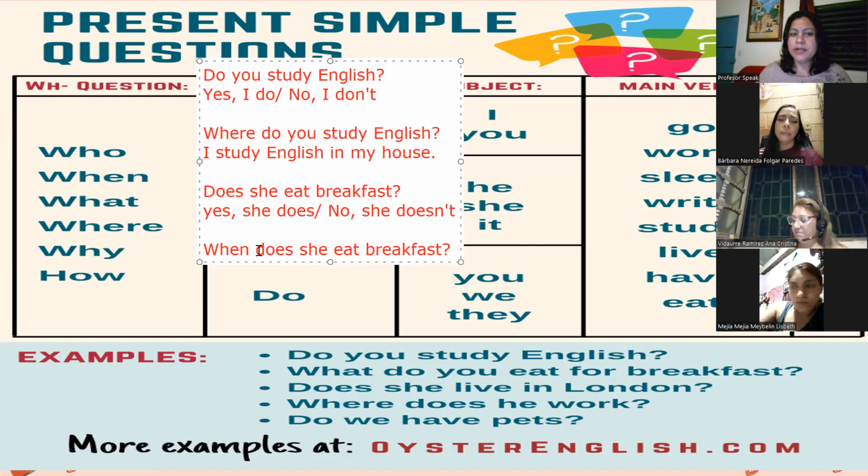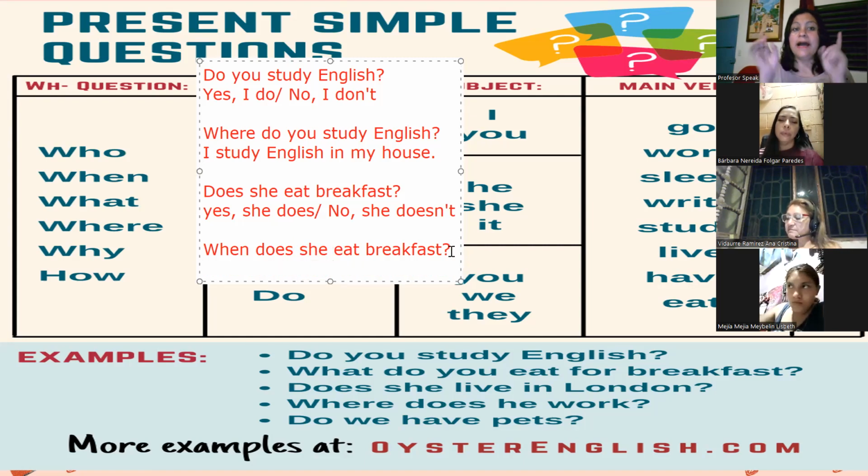Y miren, mantengo el does, porque está she. Okay, when does she eat breakfast? So, aquí, como es third person, la respuesta cambia a affirmative. So I will say she, here class, what do I put?